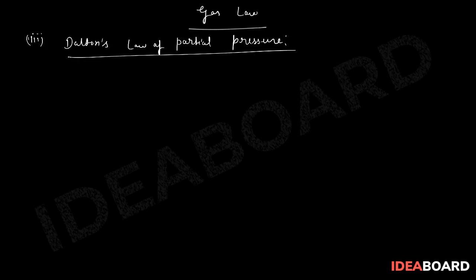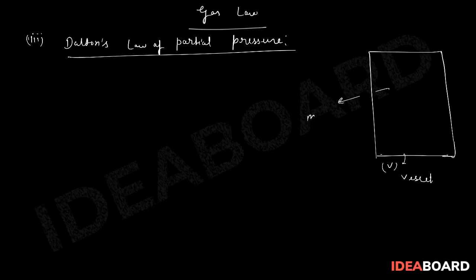So what Dalton said, before that let me tell you, this is a container vessel which has volume V. Now here there are lot of gases are there, so mixture of gases.